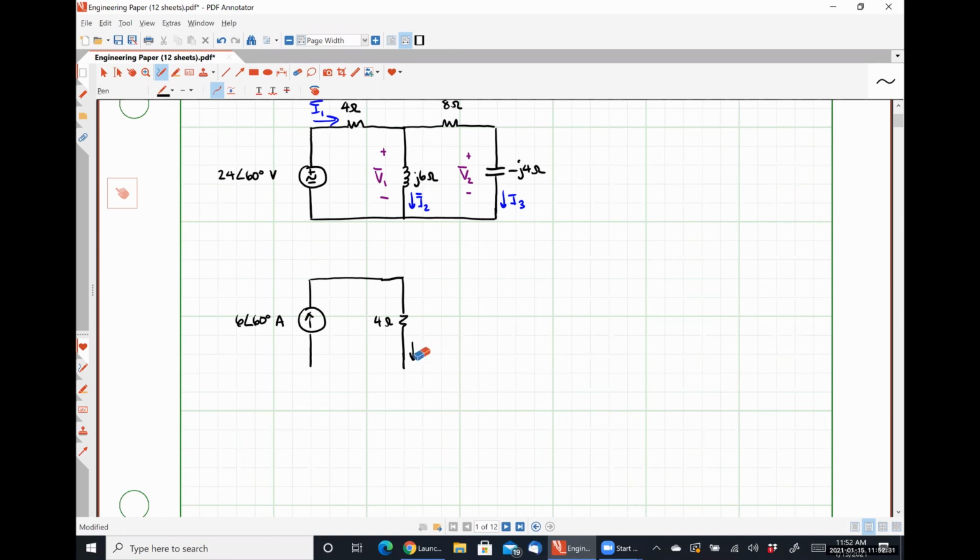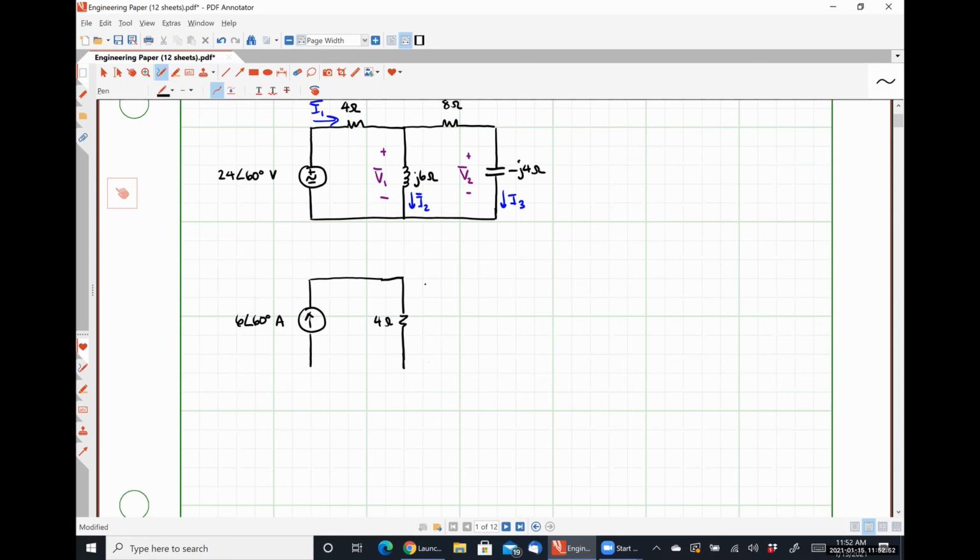I1 is defined as the current flowing into this resistor network. So I can make all the changes I need to this impedance network over here on the right-hand side, and I1 is still okay. But as soon as I move that 4 ohm resistor's position in the circuit, I1 no longer exists. So I want to be very, very clear about that.